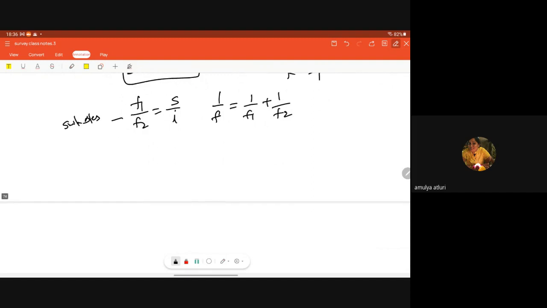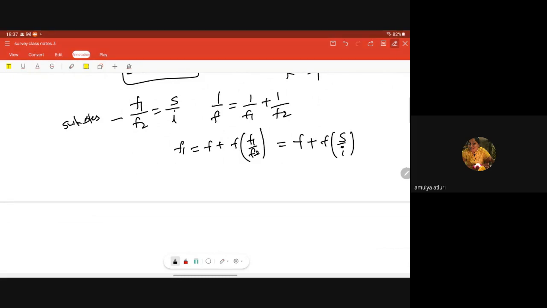So multiplying with FF1, we will get F1 is equal to F plus F of F1 by F2, that is equal to F plus F of S by I. The horizontal distance D is equal to F1 plus D. So my F1 is F plus F into S by I plus distance D. So we are considering it as constant, Ks plus C.